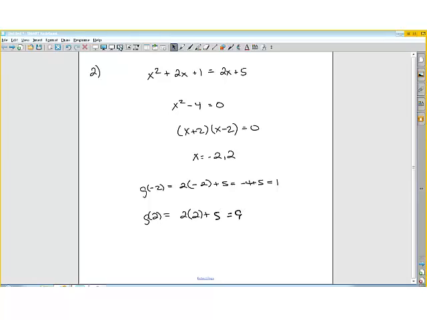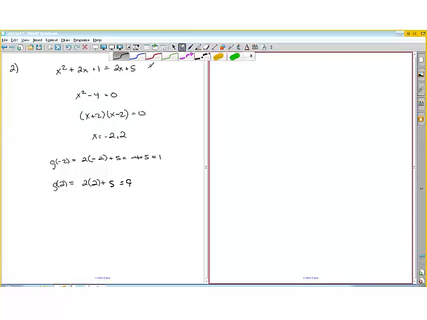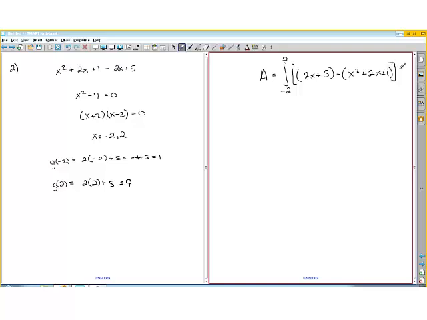So let's put 2 pages up here. So the integral, the area, is going to be the integral from x equals negative 2 to x equals positive 2 of the quantity, which is the upper curve, 2x plus 5, minus the lower curve, which is x squared plus 2x plus 1, and both of those multiplied by dx.